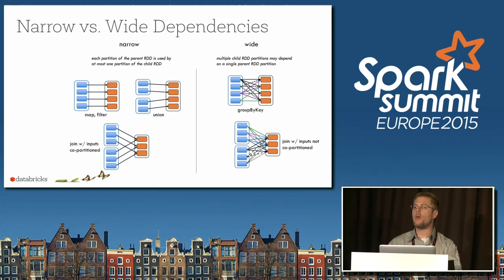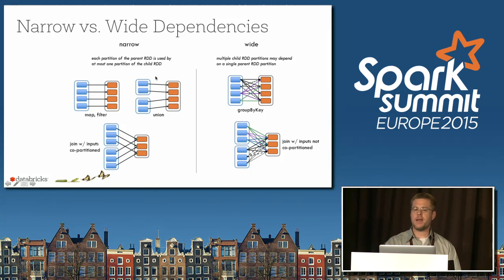So the outputs can all be done completely in parallel. Right? So if we think about taking our log lines RDD from this morning and applying a filter to it, there's no dependency between the data in any of those partitions. So from each parent partition, we know right up front that we can apply that filter operation and produce just a single child. We don't care what's happening in any of the other child partitions. Right? So map and filter are examples of narrow transformations.